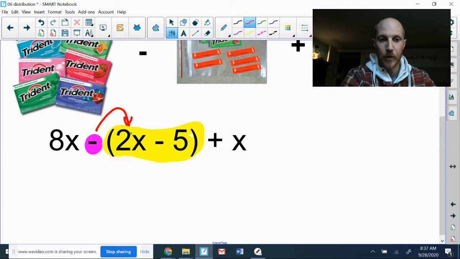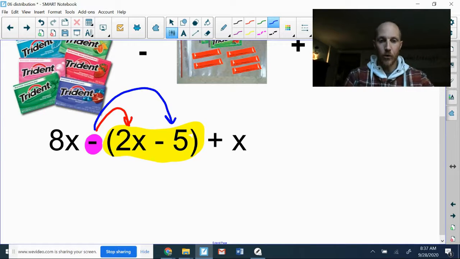So I'm going to have to put the minus onto the 2x because I took away those 2 packs of gum. I'm going to have to take that minus and distribute it onto the -5. And the plus x over here, that's not inside the parentheses, so that does not get affected at all by this minus sign. The minus sign is only being distributed into the things inside those parentheses.